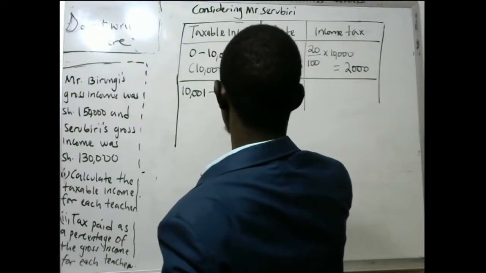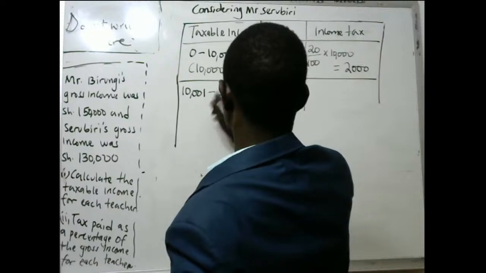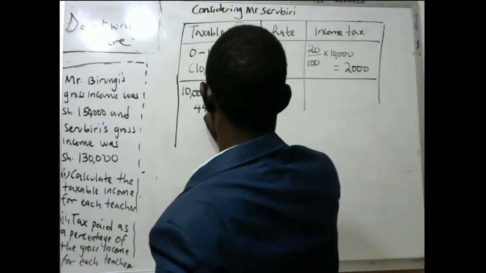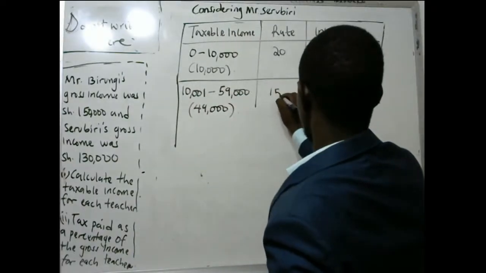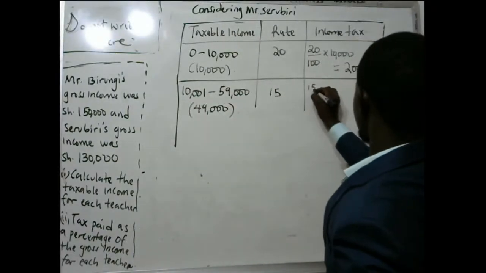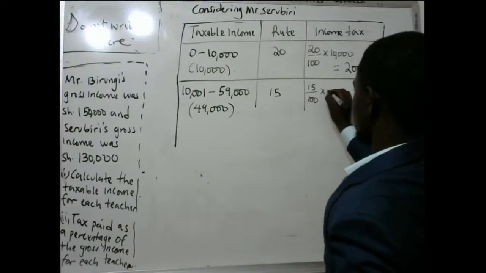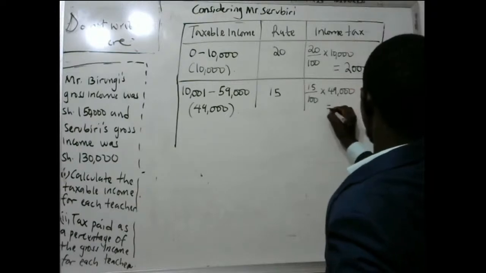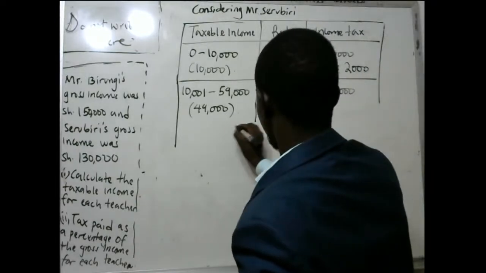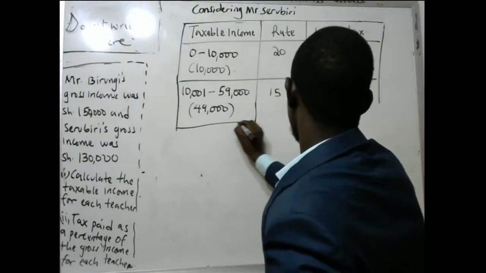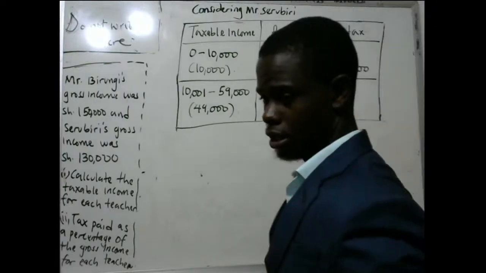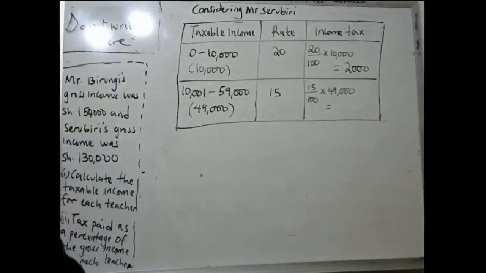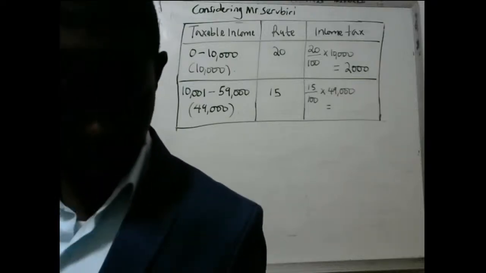And if you subtract this minus this, what do you get? 49,000, right? The rate is 15, not so? So it is 15 over 100 times 49,000, which is what? What is the solution there? Tell me what you get. 15 over 100 times that.